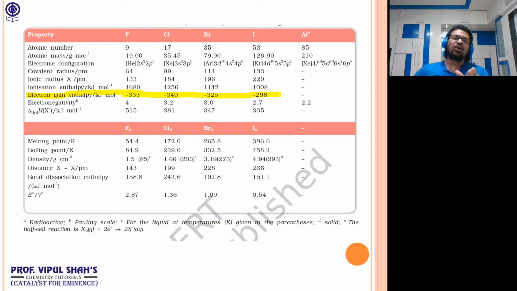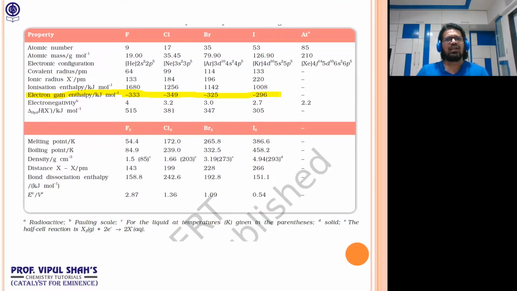Why? Because fluorine has a small size, 2,7. 7 electrons in the second shell. Capacity is only 8 electrons. So the incoming electron will experience repulsion from the existing 7 electrons. That's why we say the electron gain enthalpy of F is less than Cl.